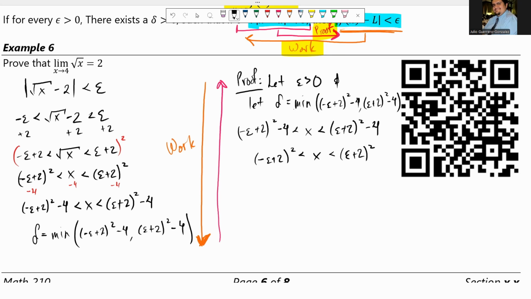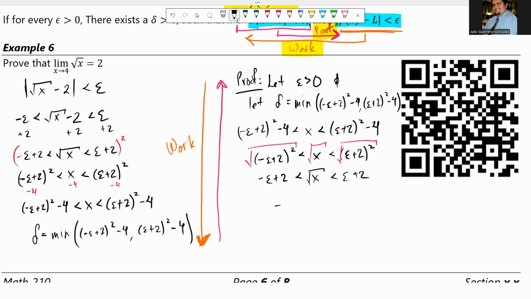Take the square root, so minus epsilon plus 2 is less than the square root of x, less than epsilon plus 2.